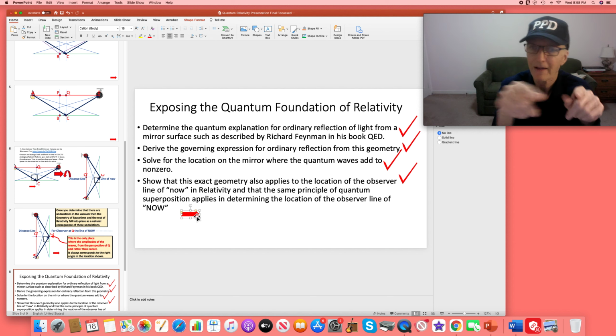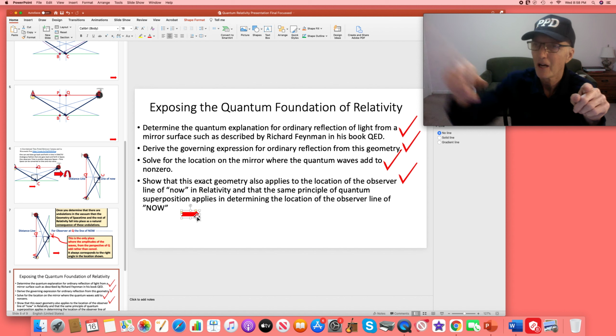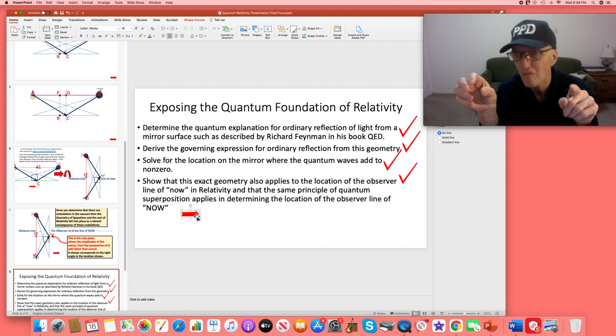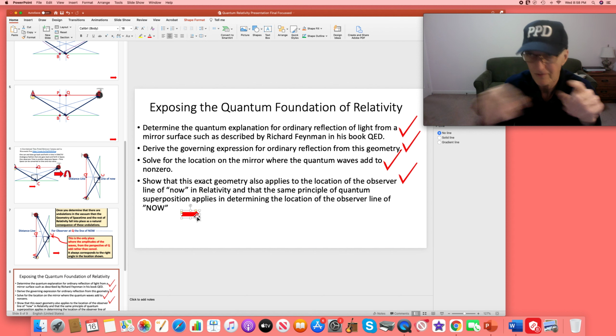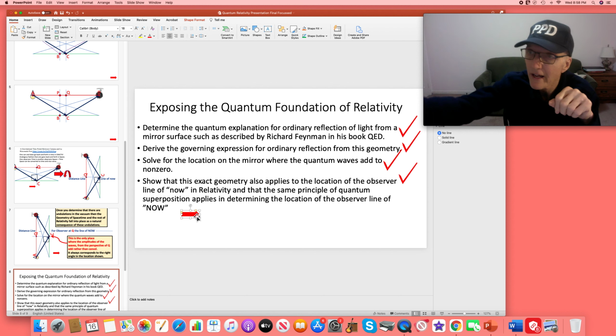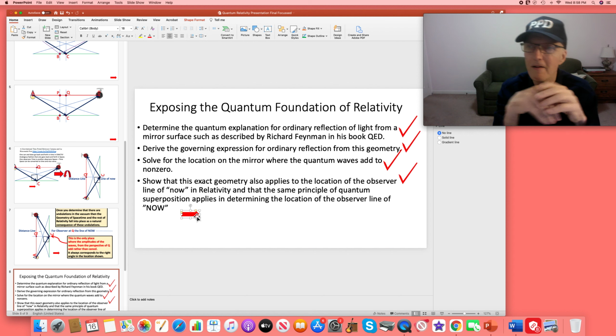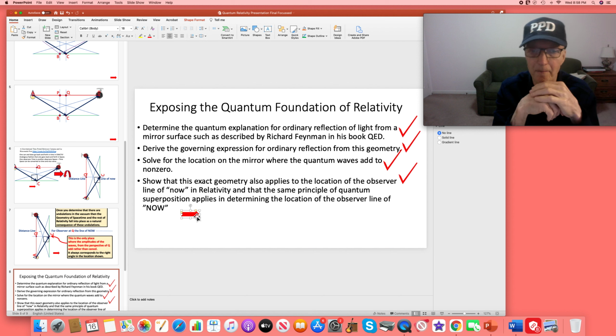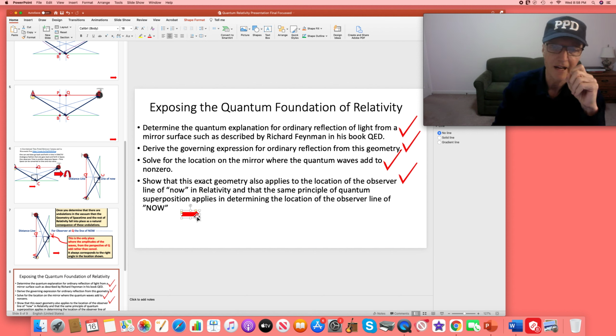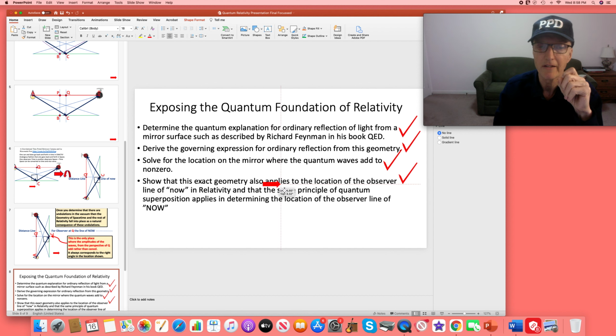Well, you draw a line over to the other timeline and make sure it intersects at a right angle, always at the right angle over there. That's the line of now for the observer on the other side. So show that this exact geometry also applies to the location of the observer line of now in relativity, and that the same principle of quantum superposition applies in determining it.